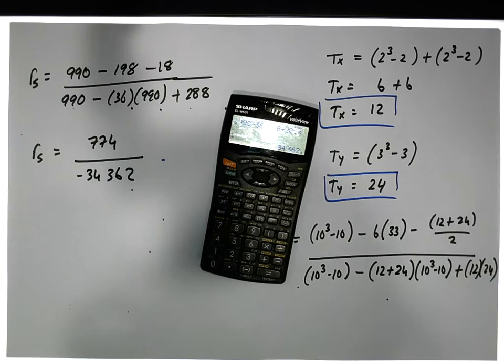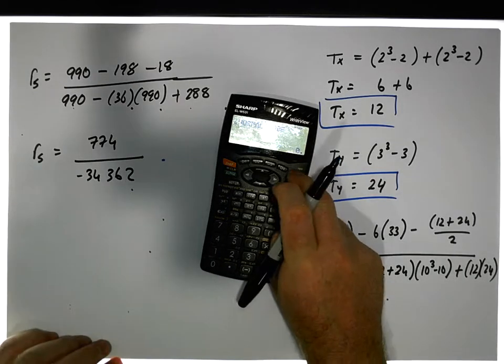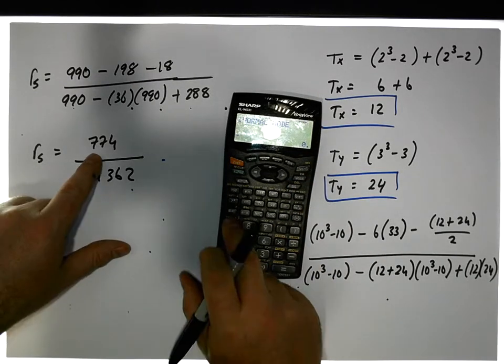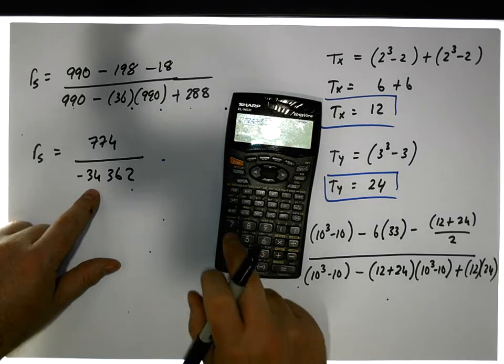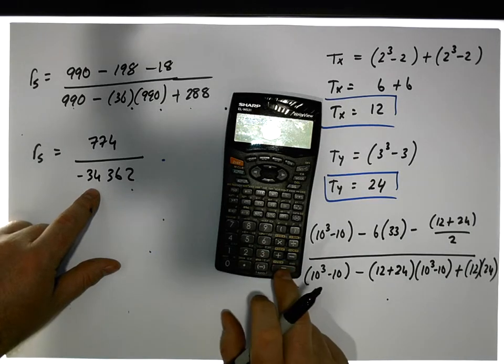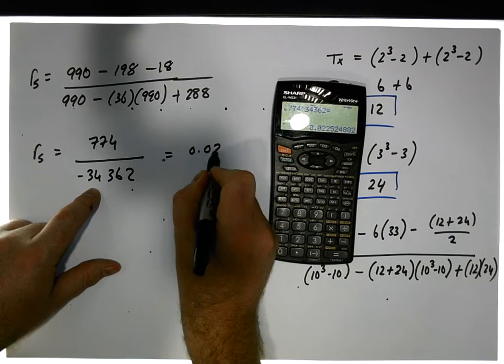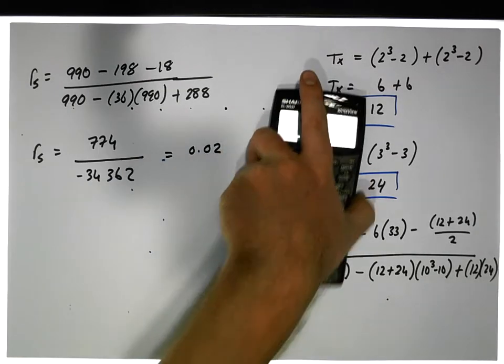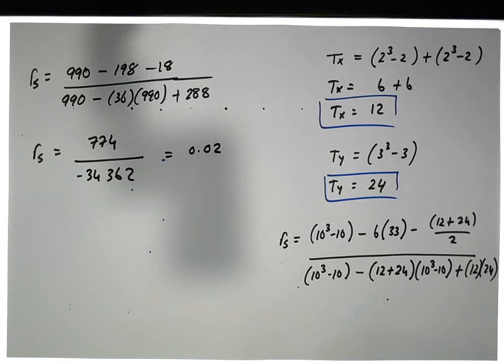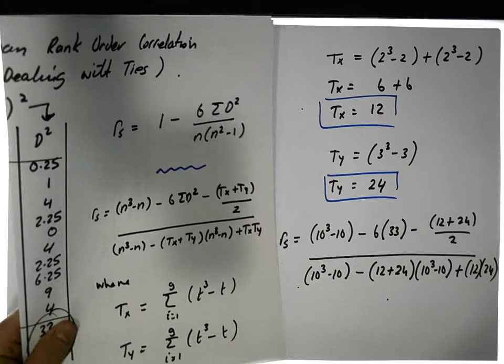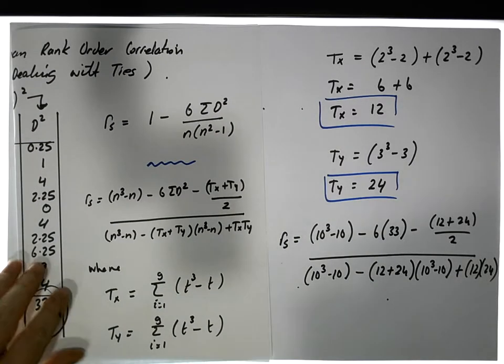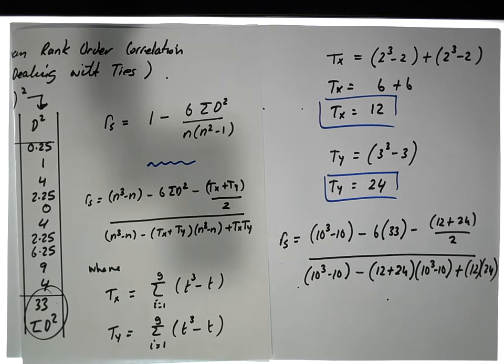And then when we do our division, 774 divided by 34362, it's going to be negative, and that gives us a value of 0.02 for the correlation coefficient. I'm hoping that I haven't made any errors here in these calculations. I think everything is good from a formulaic perspective. I don't think that there are any major problems here. Let me just double sanity check this.